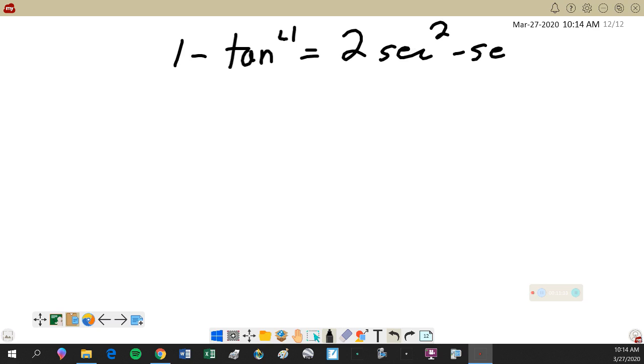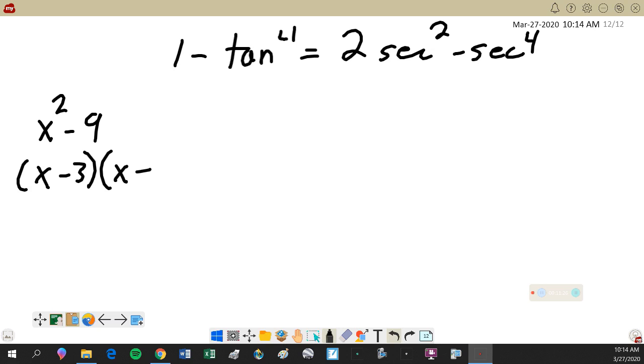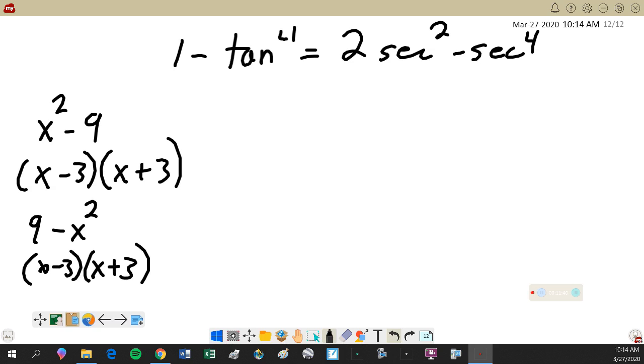If you focus on that, you can do something that will make it work itself out pretty easily. All right, the last one, 26. 1 minus tangent to the fourth is equal to 2 secant squared minus secant to the fourth. Couple things here. If I had x squared minus 9, that factors into x minus 3 and x plus 3. Okay, if I flipped it around and I did 9 minus x squared, that's still going to give me x minus 3 and x plus 3, but we probably wouldn't factor it that way.